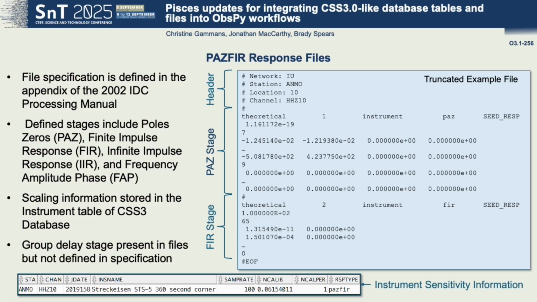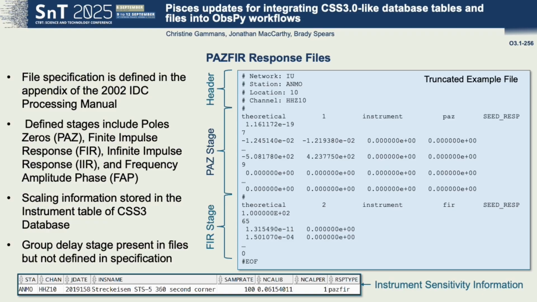On this slide, the figure, you can see a truncated example file. There's some commented header information and then a series of defined stages. The specification supports pole zeros or PAZ stages, finite impulse response or FIR stages, infinite impulse response IIR, and frequency amplitude phase FAP.